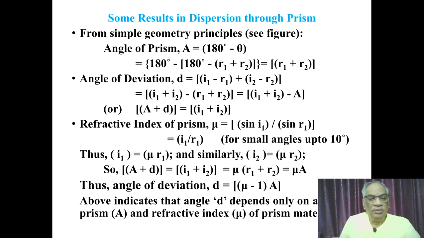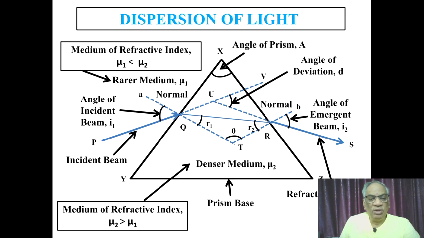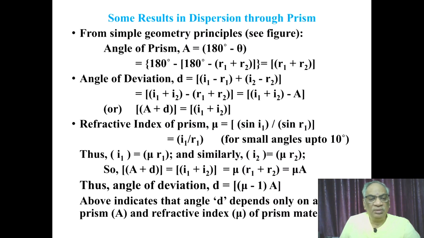From simple geometry principles with reference to the figure, angle of prism A is equal to 180 degrees minus theta, where theta is the angle between the extended incident ray and the emergent ray. But theta, from the triangle QRT, you can represent as 180 minus (R1 plus R2).